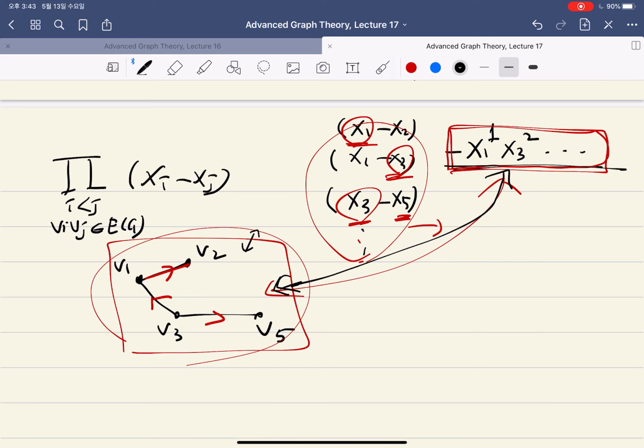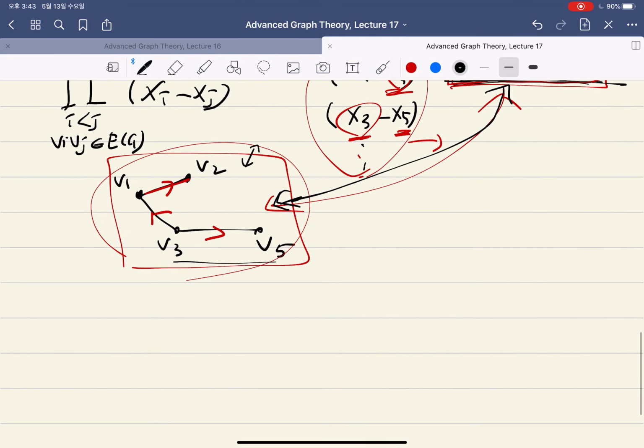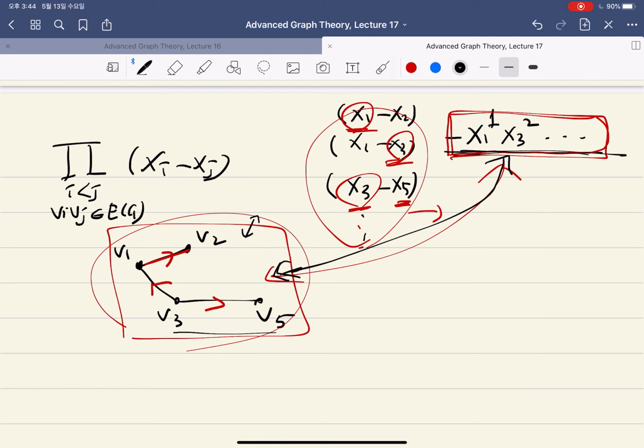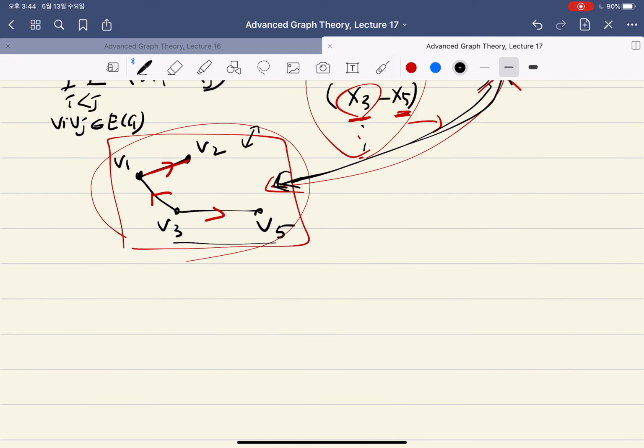So we have to make the connection between these terms and the circulations. That's one. And then we have to try to understand when this polynomial vanishes. When does it become zero? So let's first prove the connection between these terms and the circulations.